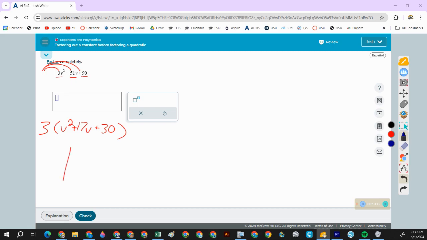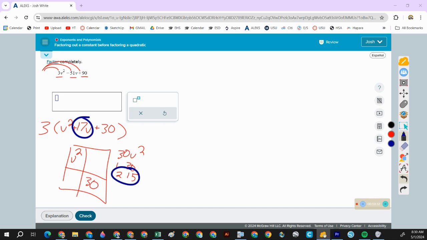For the rest of it, I draw the box, v squared and 30, so 30v squared, and my factors are 1 and 30, 2 and 15, that's the one I want. I want to add to 17, so 2v and 15v.